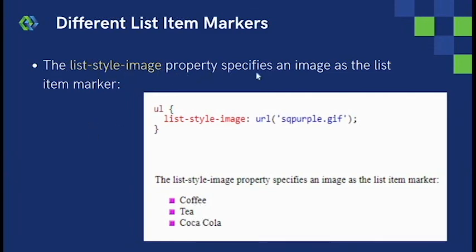The list style image property specifies an image as the list item marker. So you can insert the URL or the so mo siyang syntax. List style image, then URL, then image. So basically mo ano yung gamit na image. Square purple. Yes.